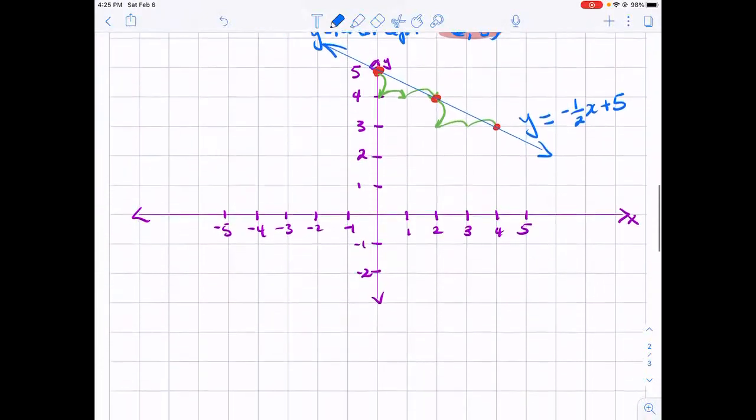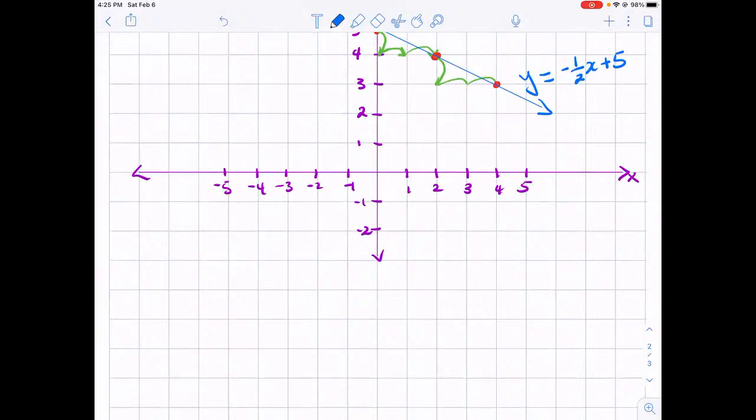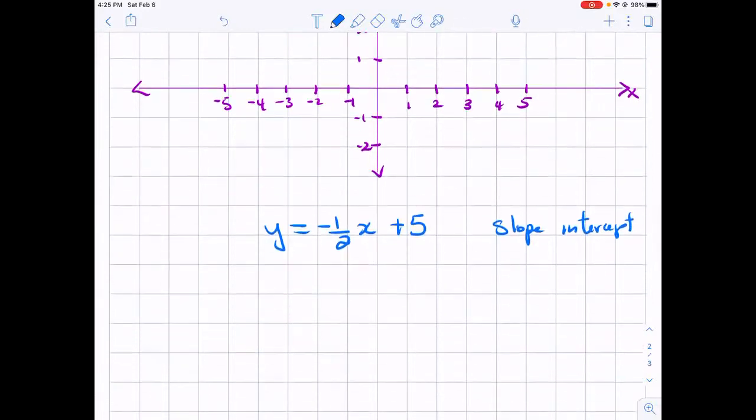Now, remember we have our equation y is equal to minus 1/2 x plus 5, and this is called slope-intercept form. If we want to write this in standard form, let's get rid of the fraction. So we'll multiply everything by 2.